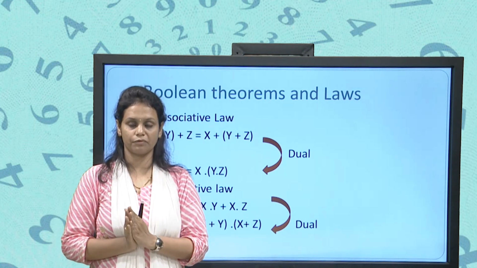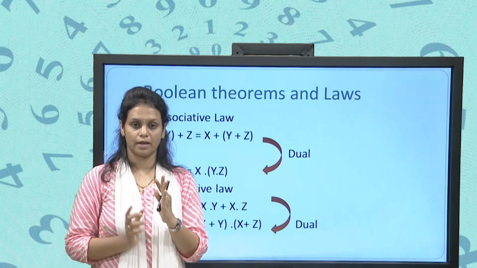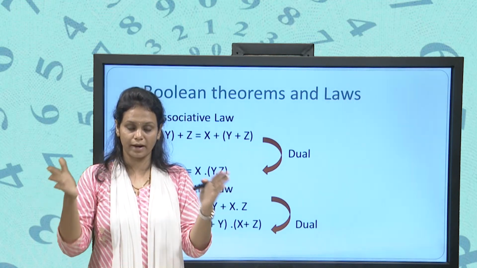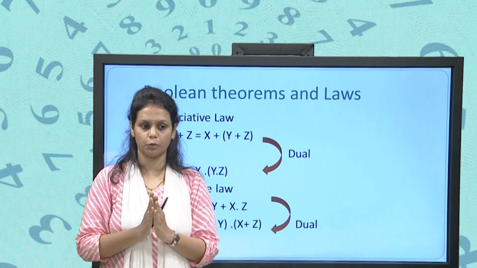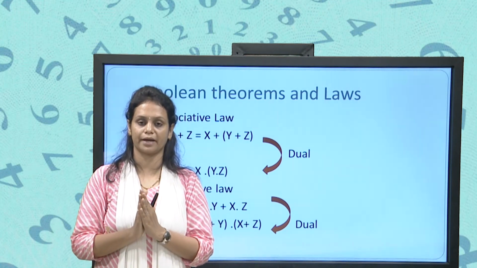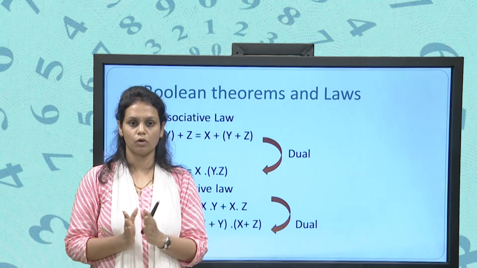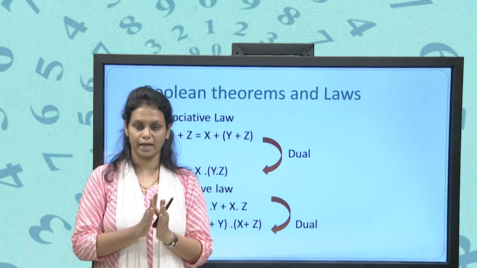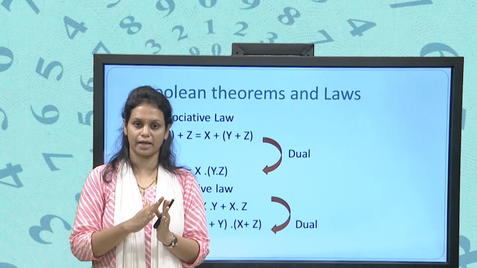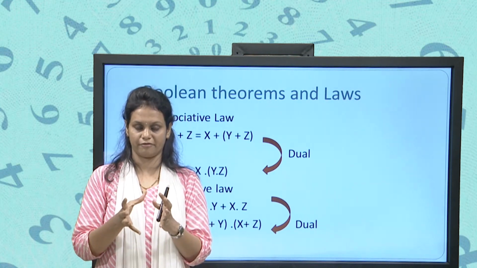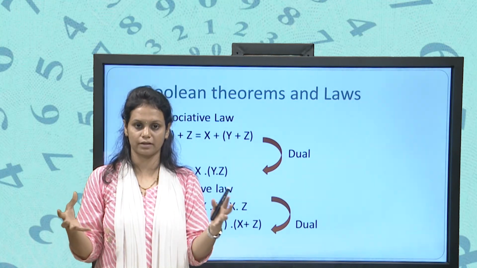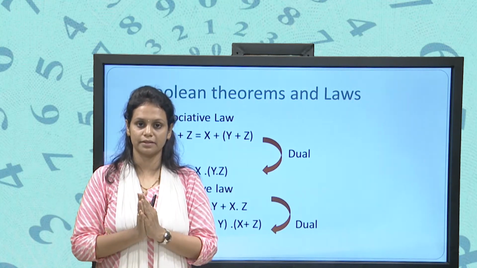That means first we will multiply a with b, a with c, and then we will add these. Suppose our input is a cross in the bracket b plus c. First we multiply a with b, then we multiply a with c, and then we will add those outputs. This is known as the distributive law.